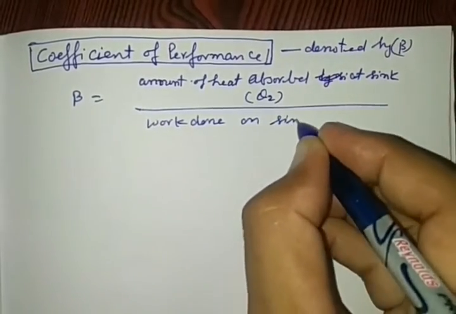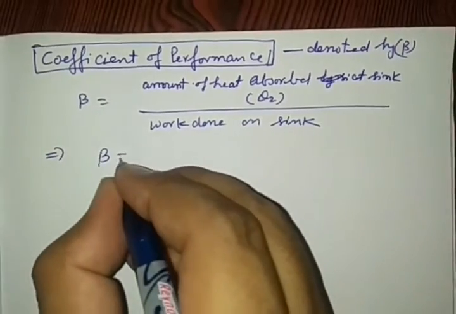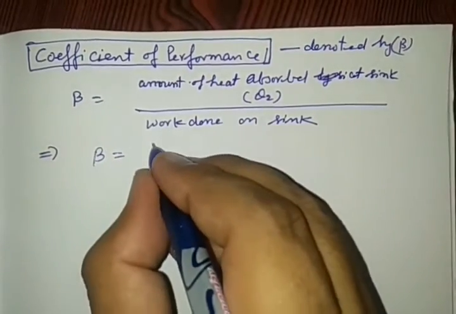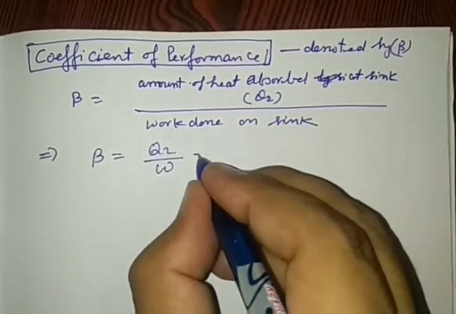This implies that the coefficient of performance beta is equal to Q2 by the amount of work done.